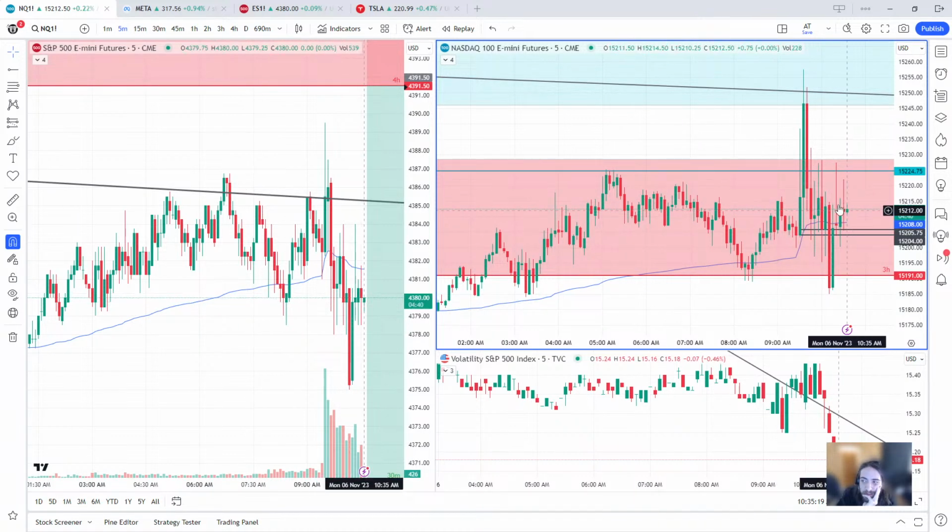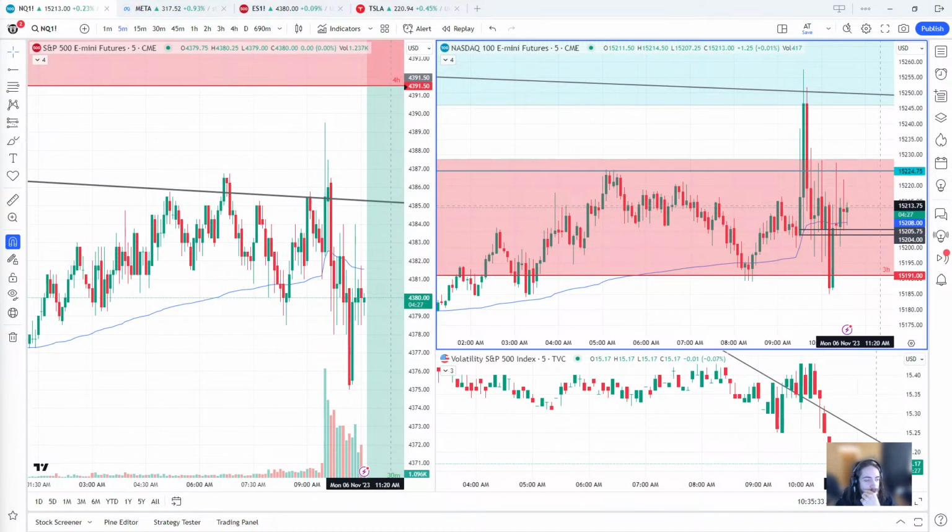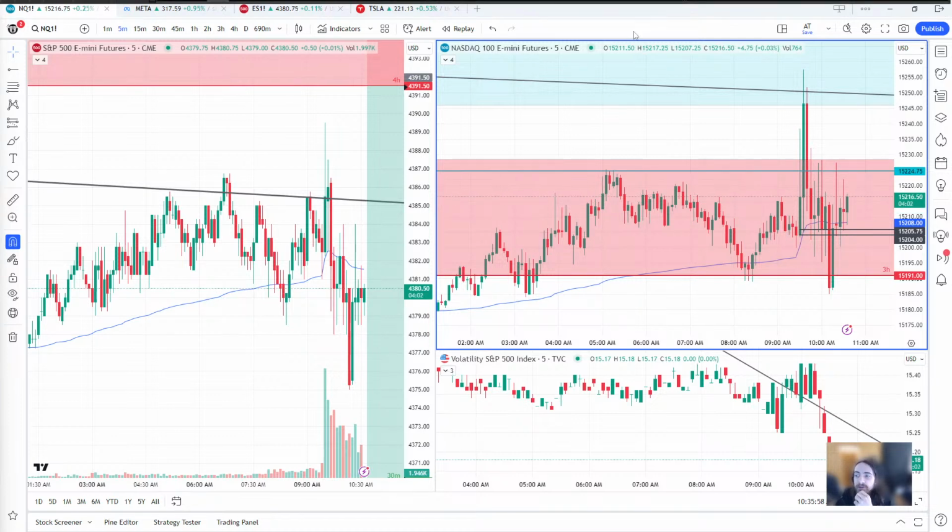We still have been making these lower highs, so I suppose it's still possible. Stop loss at this high right here, 15,222. It's probably gonna stop hunt that level, I should say. Need Apple to start selling off, but it just keeps trying to pump higher.